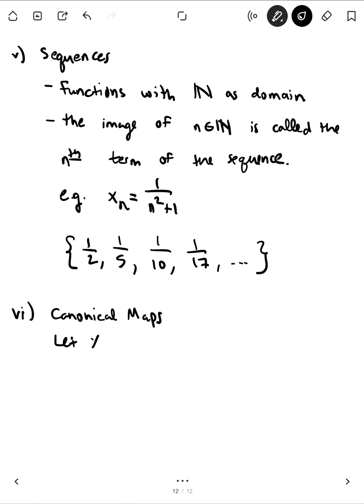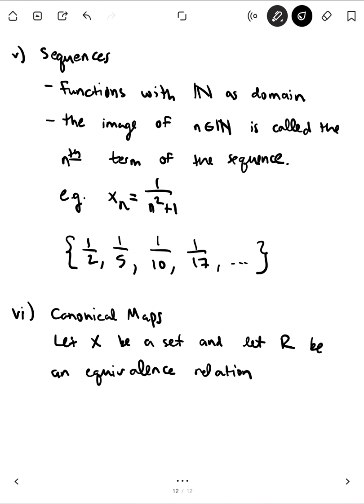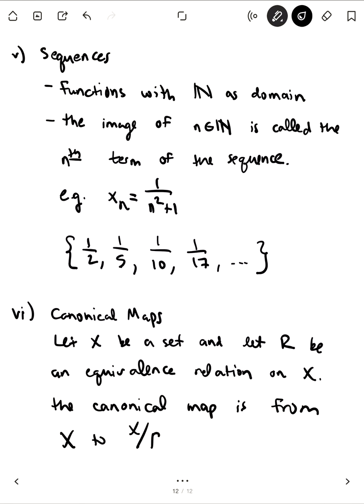Let X be a set, and let R be an equivalence relation on X. The canonical map is from X to X mod R. So it maps elements in X to the equivalence class corresponding to that element under the relation. Okay?